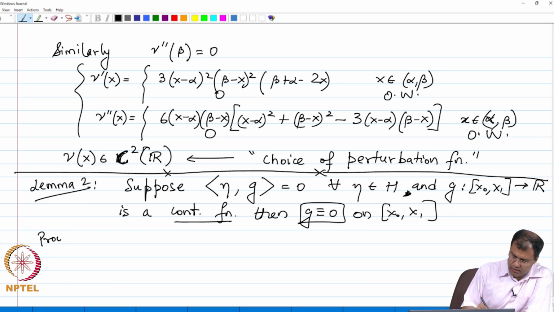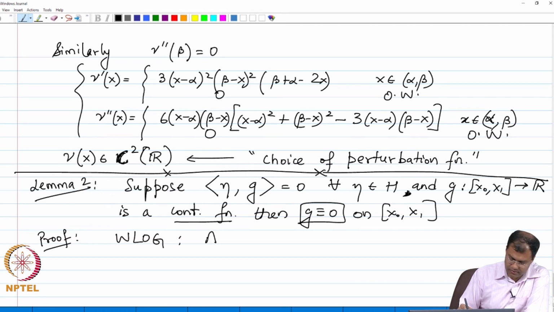Okay. Again, the proof is very straightforward. Once we have shown the result in the first lemma, the second result is very straightforward. So, without loss of generality, we assume that this holds, but g is non-zero, right, and we will show some contradiction.